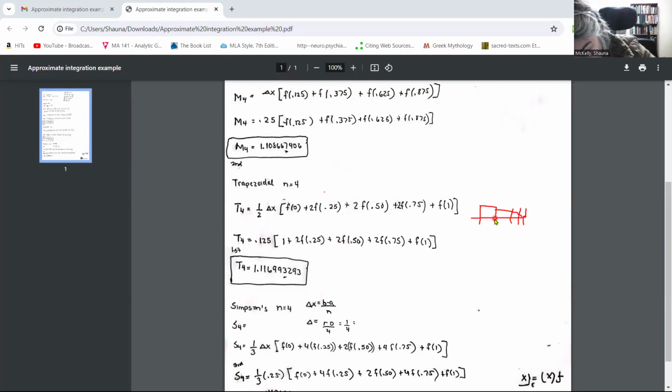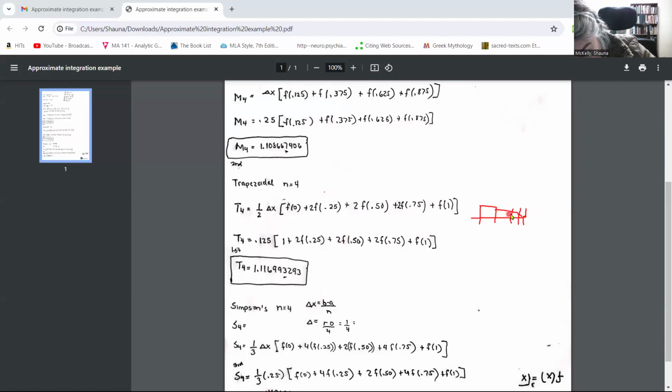When I get to this piece, the second part of the trapezoid, I have to count this twice because this line counts as part of this first trapezoid. It's the right base, if you will, of this trapezoid. It's the left base of the adjacent one. So it counts twice, hence the 2 here.